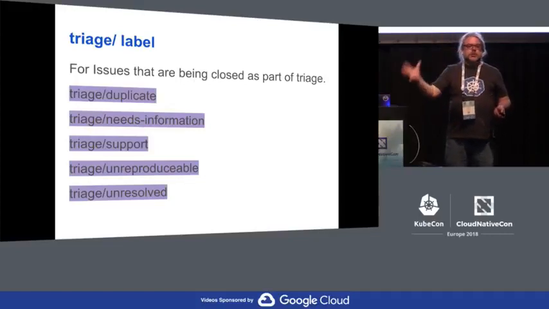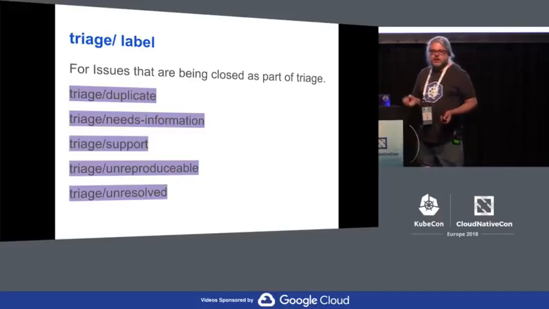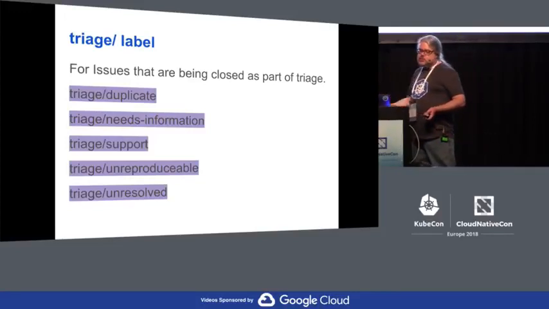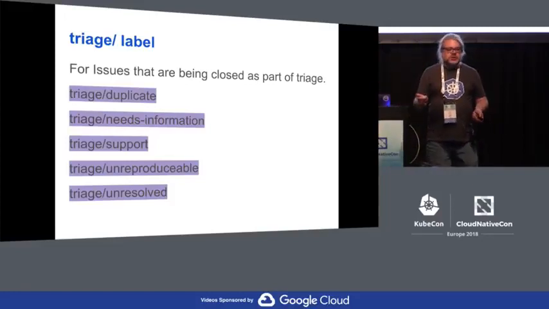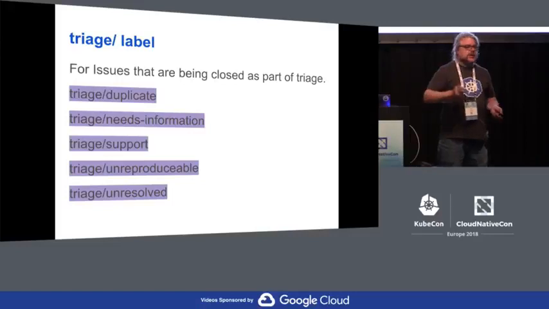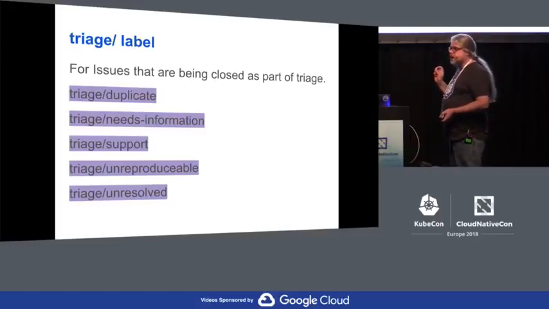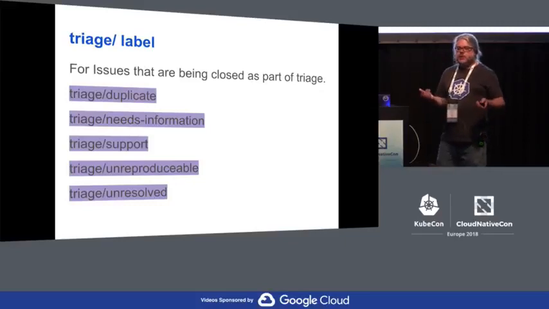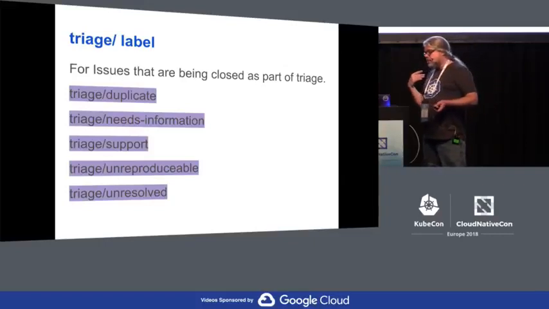We're getting started soon with sort of organized issue triage, but in the meantime, importantly, we have these triage labels. And so these are labels that are applied to close an issue because it has been triaged. So for example, if 6 people reported the same issue with the CLI, then we're going to close 5 of them as duplicates.